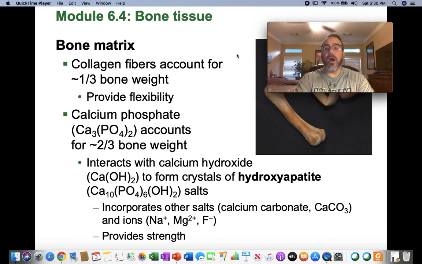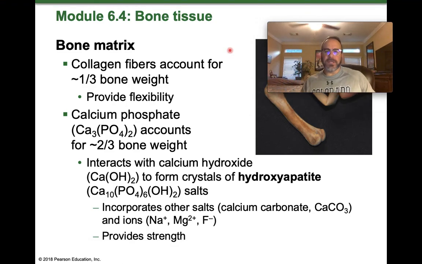Okay, so collagen is that main rebar that I was talking about before. It accounts for about a third of the weight, and it adds a little bit of flexibility to the bone. Then we have this inorganic molecule called calcium phosphate, and it makes up about two thirds of the bone weight. You have this interaction of calcium hydroxide, which is this right here, and it's going to form crystals of something called hydroxyapatite, which is calcium phosphate with the hydroxide, and this is a salt.